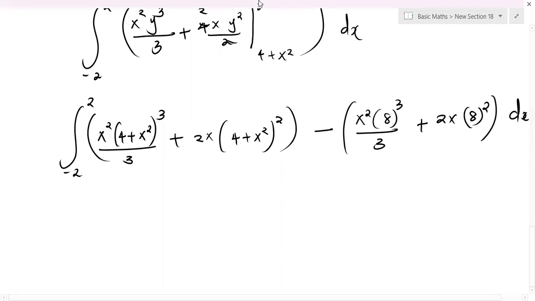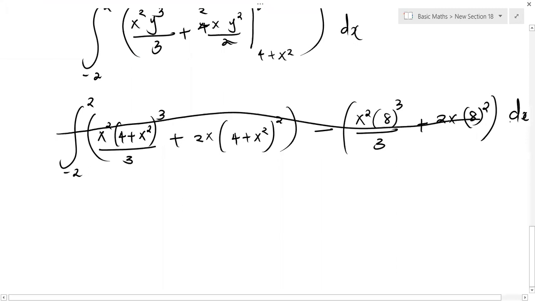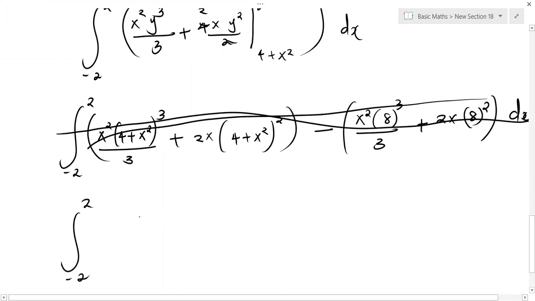Okay, actually I've done it the other way around. We first of all start with the upper limit. Sorry, we first replace the upper limit. So we'll have x squared 8 cubed over 3 plus 2x 8 squared.